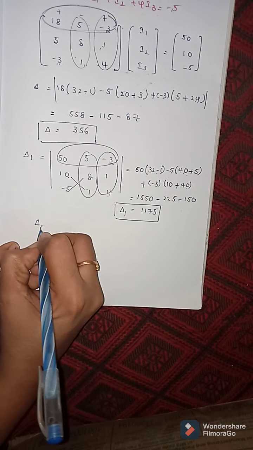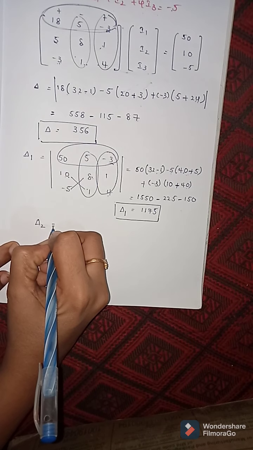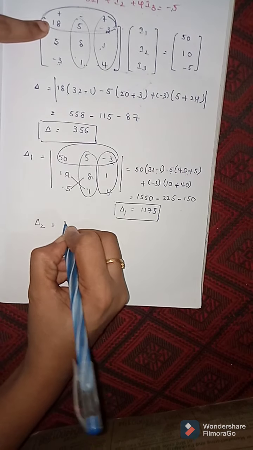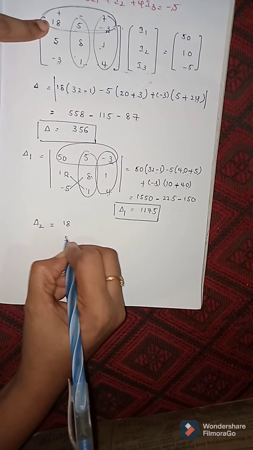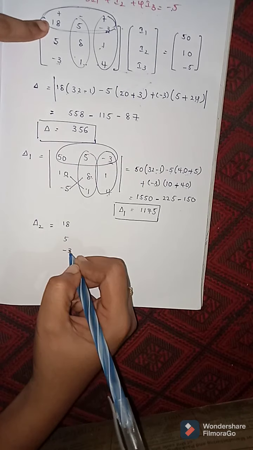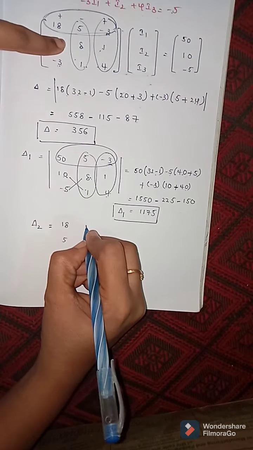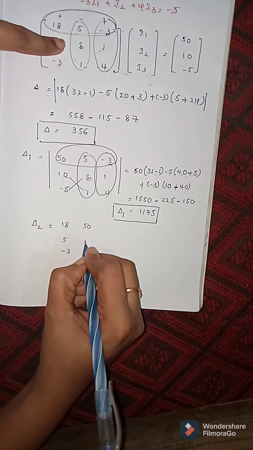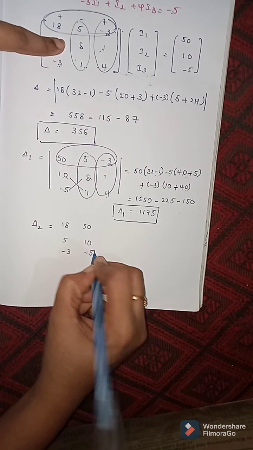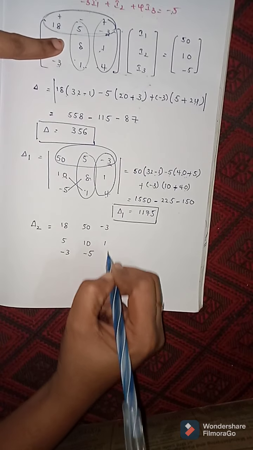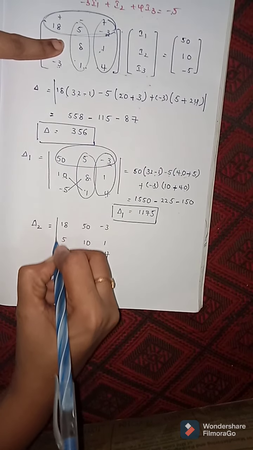Next, delta 2. We can find the delta 2. First row 18, 5, minus 3 is the same. And the second row we write the constants 50, 10, minus 5, and the third row is the same, minus 3, 1 and 4.